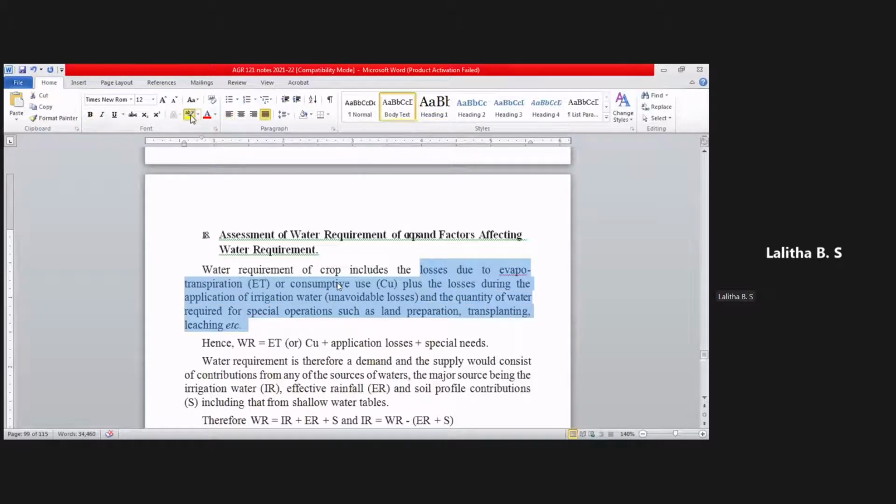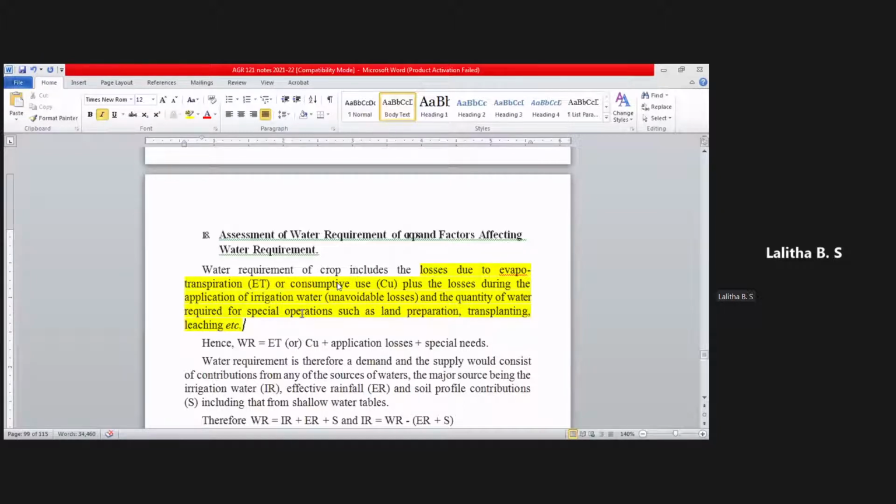Sometimes it also includes the quantity of water required for special operations such as land preparation, transplanting, and leaching. For example, for paddy we have to puddle the land. What puddling means, you are going to learn in the next course. We have to make the soil soft, and for that extra water is required. Again, for nursery preparation it is required, and even for transplanting, extra water is required.